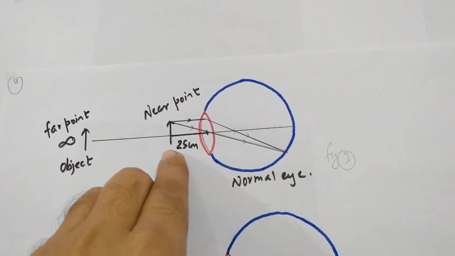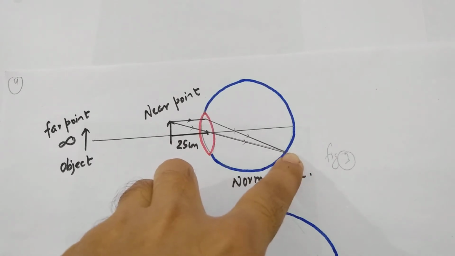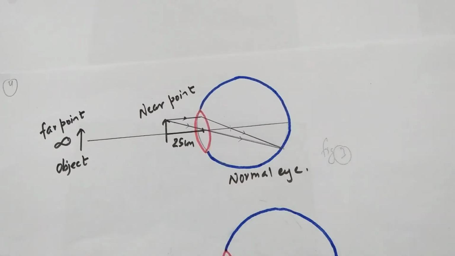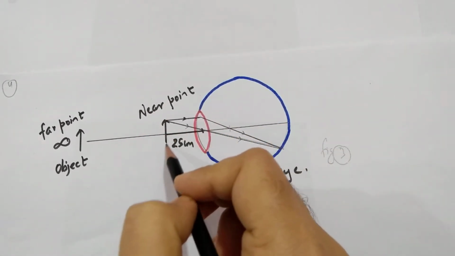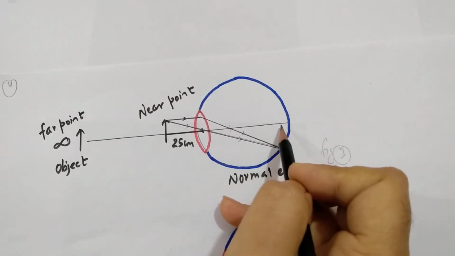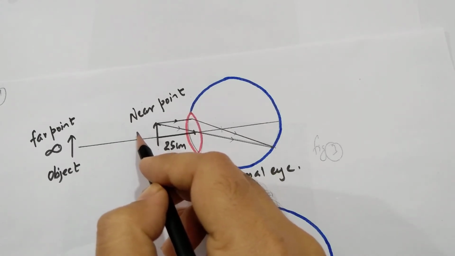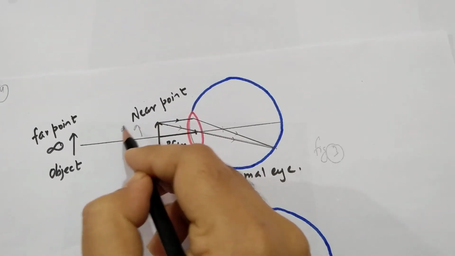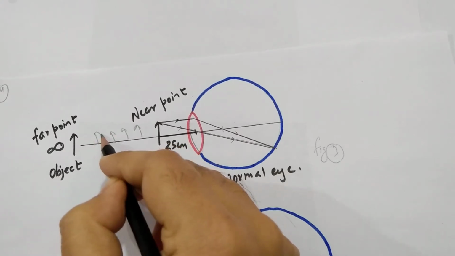This is how the image of an object lying at the near point is formed at the retina. For a normal eye, a clear image of the object is formed on the retina irrespective of the object's position, anywhere between the near point and the far point.